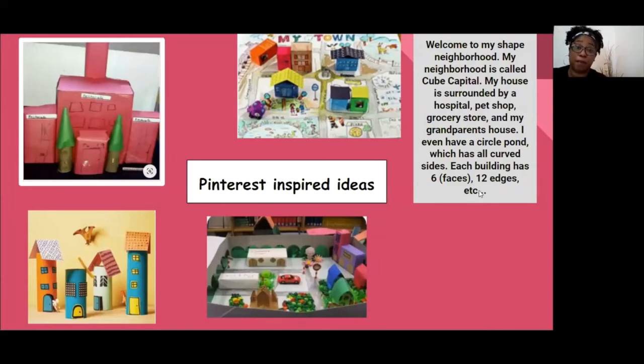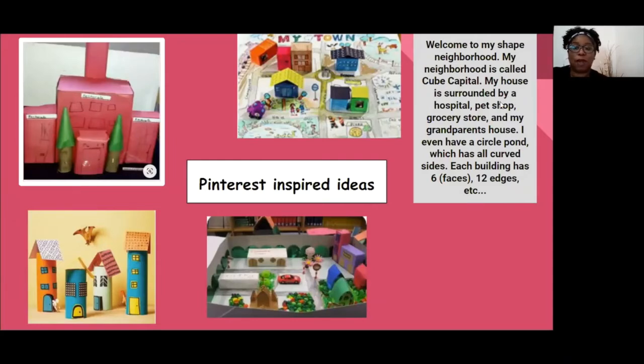Now, this is just my description. When you write your description, please make it a little more colorful. Add more details, be a little more creative. But anyhow, here's just an example. Welcome to my shape neighborhood. My neighborhood is called Cube Capital.